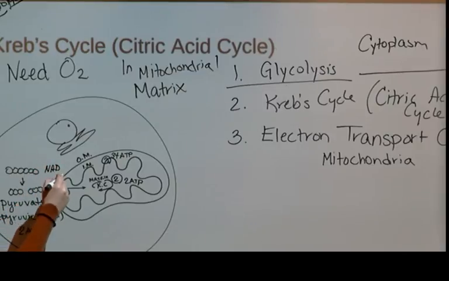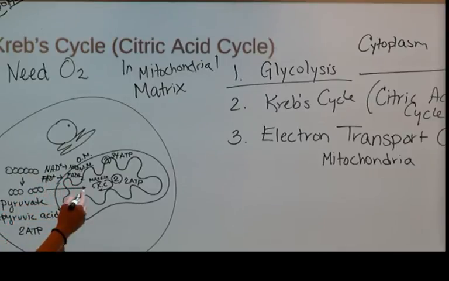So we go from NAD+ to NADH, and from FAD+ to FADH2. We have a lot of these carrier molecules picking up the hydrogens and taking them into the matrix. And then more is given off, actually FADH2 is made during the Krebs cycle.